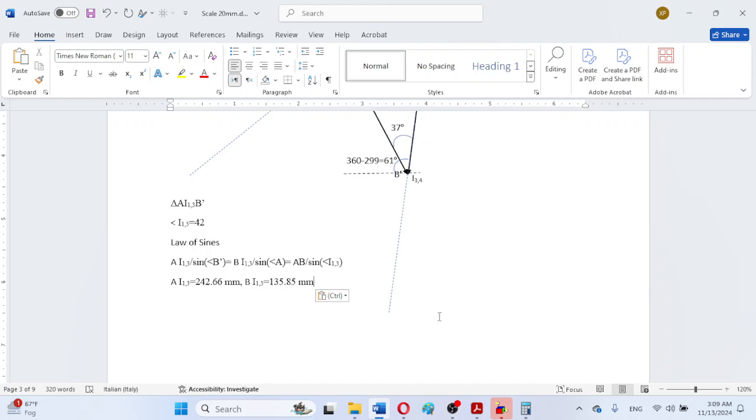I can just show the calculation and input the values here. So A I1,3 will be equal to B I1,3 multiplied by sine of beta dash divided by sine of the angle at A. I am calculating the value, and once it has been calculated, I will mention it.